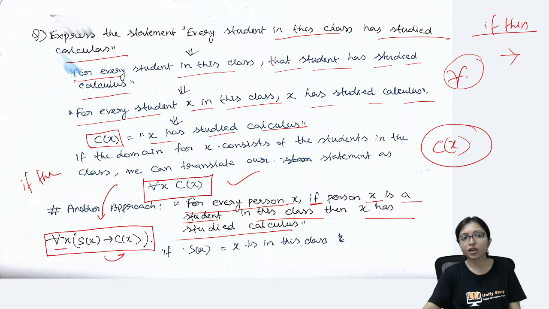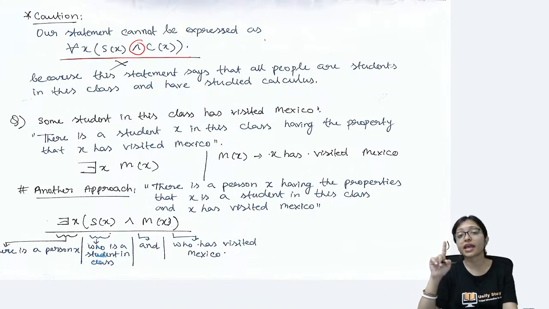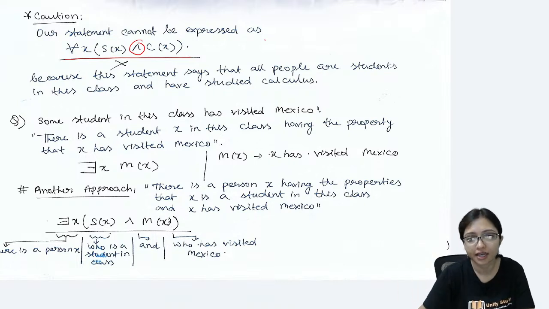It is very important, whenever you are using for all, then always remember we can represent that with the implication. With the implication we can represent it. Okay, but you cannot use and here. This same statement you cannot use this way. With the for all you cannot use and here. Why? Because the meaning will be changed here.